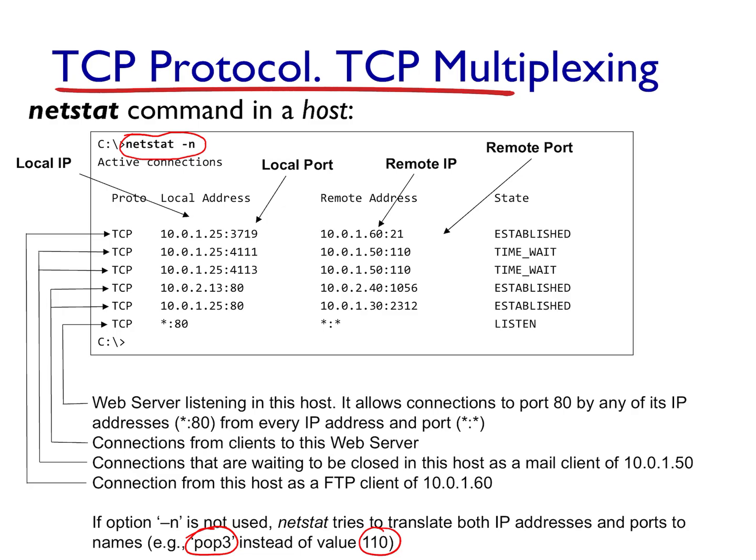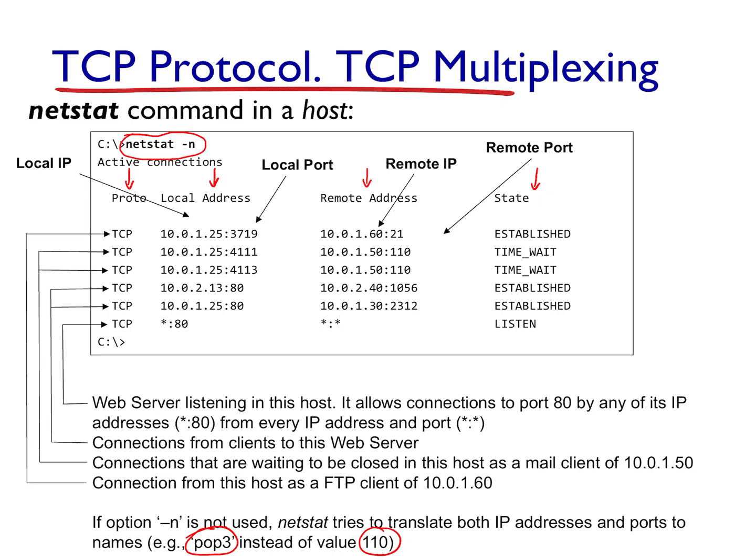So as output, we have in the first column the type of protocol. It's always TCP. The second column is our local address, the information about our computer. The third column refers to the other host of the specific TCP connection. And finally, the last column is the state of the connection.